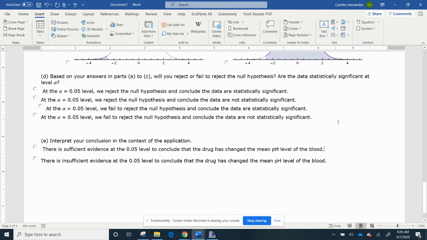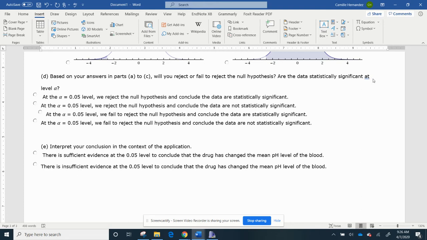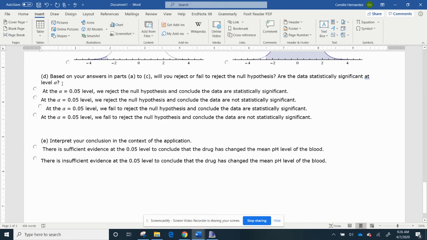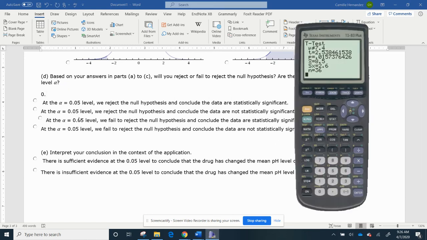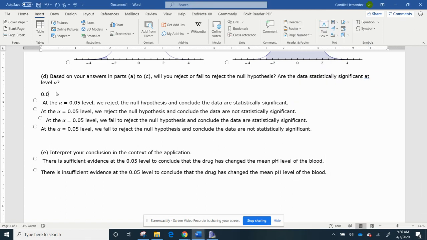Do I fail or reject? Let's look at it again. My P was 0.0157, and my level of significance was 0.05.